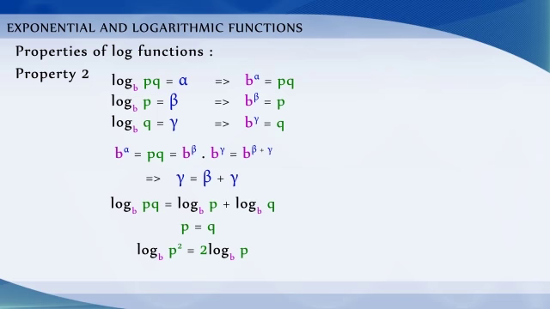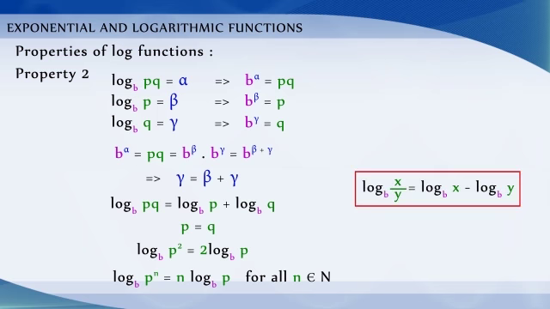In general, we can write log p to the power n to the base b is equal to n log p to the base b. Similarly, we can prove log x divided by y to the base b is equal to log x to the base b minus log y to the base b.